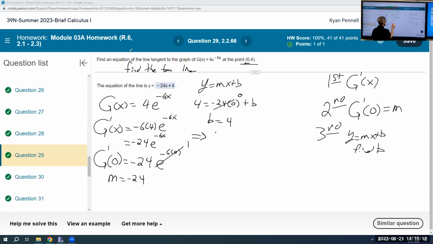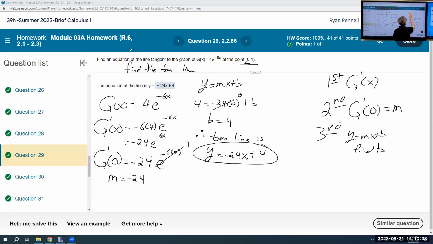That implies that the tangent line, therefore, is y equals negative 24x plus 4. Step-by-step guide to find a tangent line.